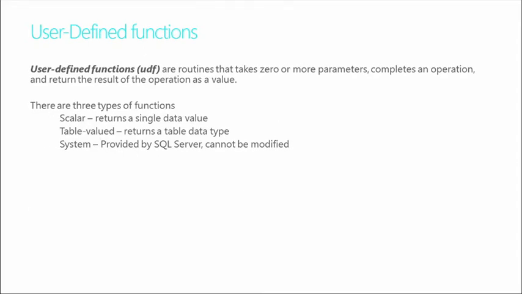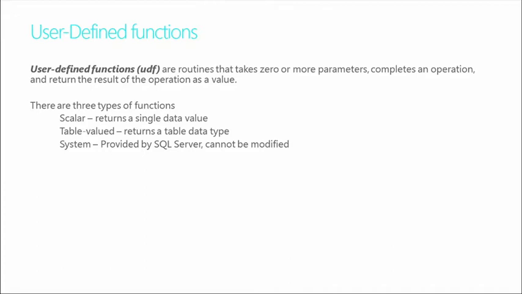We can create UDFs, or user-defined functions. These are routines that also can take parameters. It completes a specific operation and returns the result of that operation. And there's a few different types, and a couple of these at least we'll see as we're going through some of our demonstrations between this module and the next module.